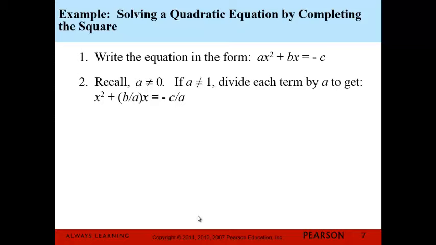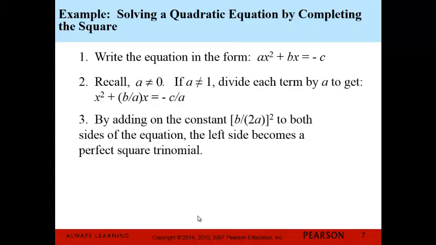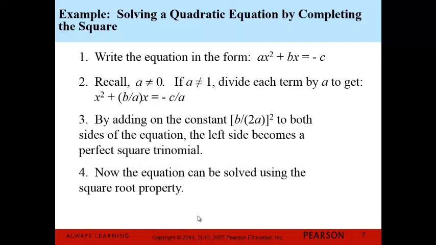So if a is different from 1, divide each term by a, and you'll obtain x squared plus b over a times x equals -c over a. By adding the constant b over 2a, squared, to both sides of the equation, the left side becomes a perfect square trinomial, which can be factored, and you can now solve the equation using the square root property.